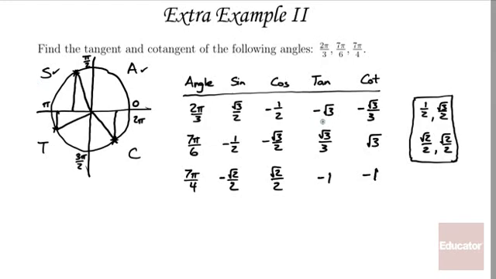So that's why for 2 pi over 3, both tangent and cotangent were negative. In the third quadrant, tangent is positive, which means the cotangent will be as well. And in the fourth quadrant, only cosine is positive, which means the tangents will be negative. So there are lots of different ways to remember that. Choose which one works for you.